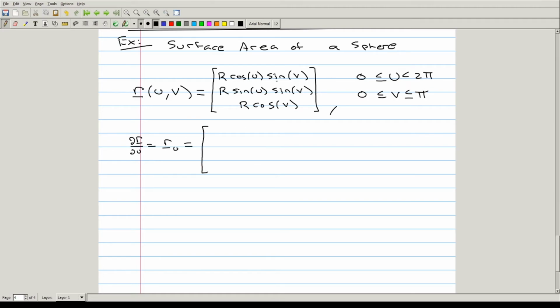But dr du is the u partial derivative of this, which is going to be negative r sine of u times sine of v. That's the partial derivative of the x component. The partial derivative of the y component, with u, is going to be r cosine of u sine of v. And the partial derivative of the z component is going to be 0. It doesn't depend on u at all.